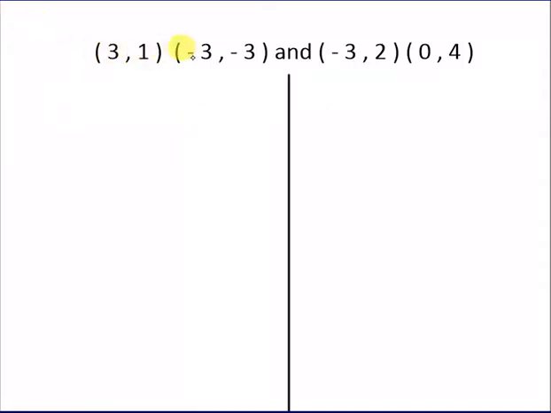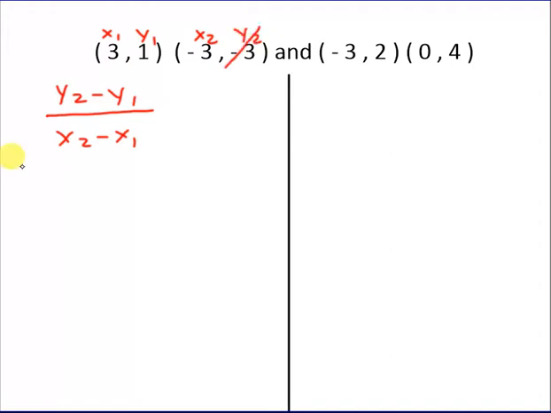So the first thing that we're going to do is find the slope of this line right here, okay? So we have our y2 minus y1 over x2 minus x1. I'm going to label my points here, y1, y2, okay?